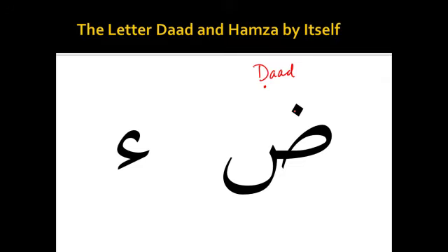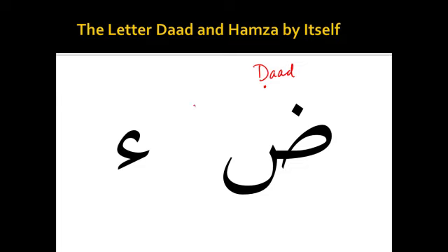The Daad is pronounced when you place your tongue flat against the roof of your mouth and then push away from the roof of the mouth with the tongue while vibrating the vocal cords. So it sounds like this. Da, da, da. It's a little bit difficult for non-Arab speakers to make, but after some practice, you'll be able to pronounce the Daad with ease.